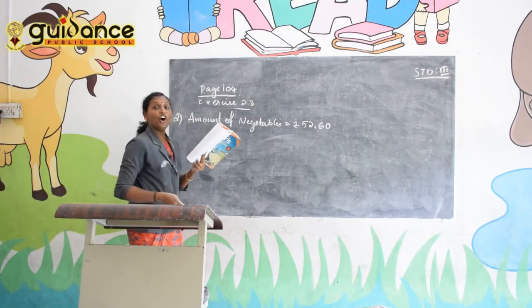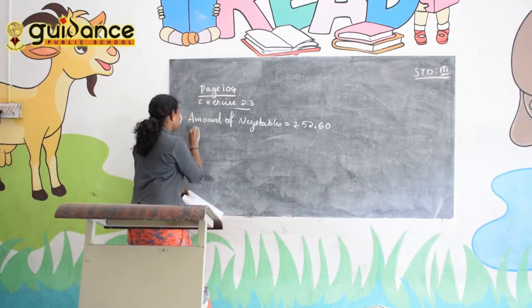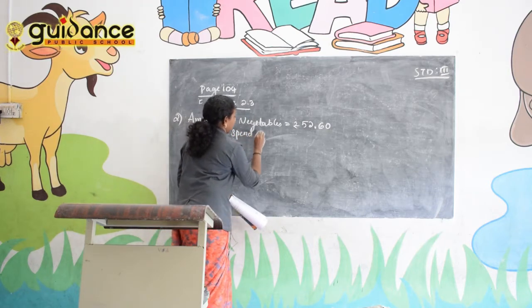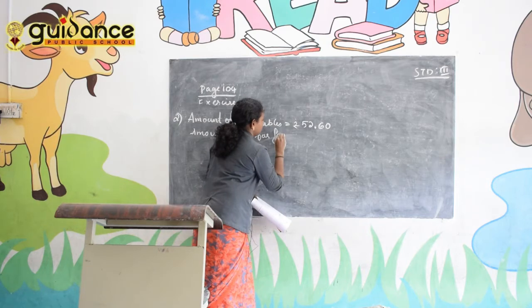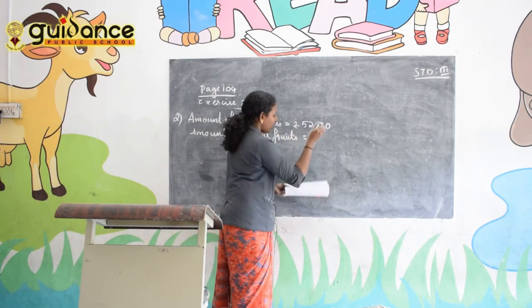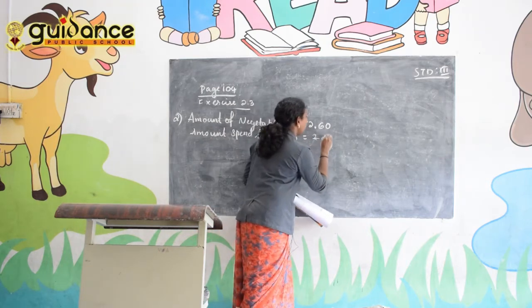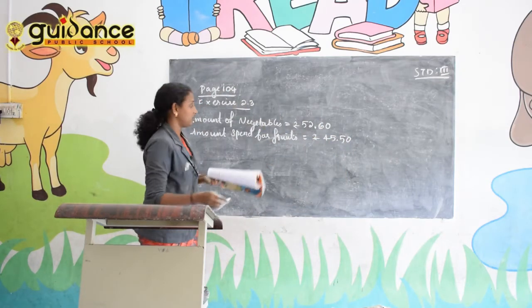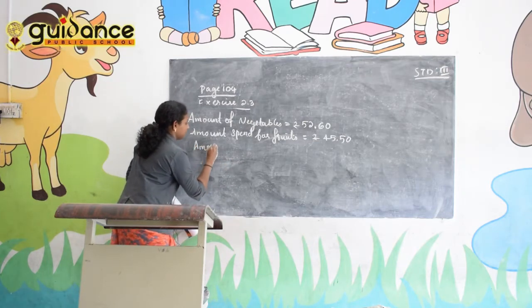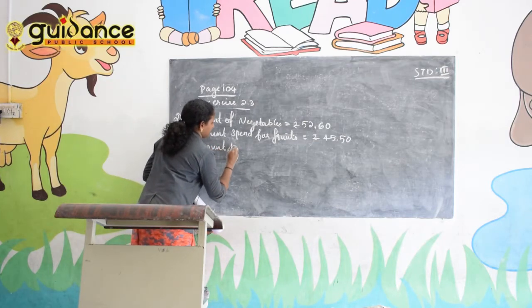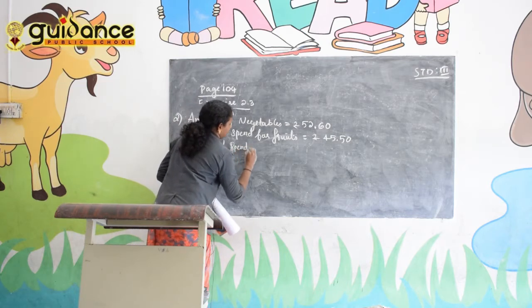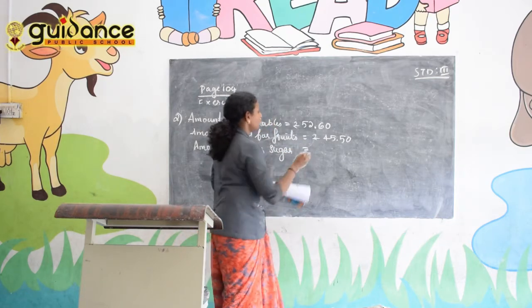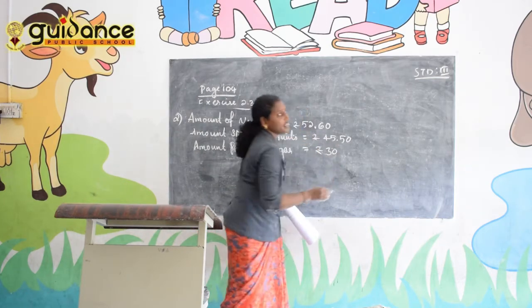The amount spent for fruits is 45 rupees 50 paise. The amount spent for sugar is equal to 30 rupees, which has no paise, only rupees.